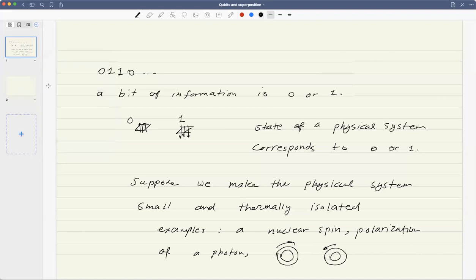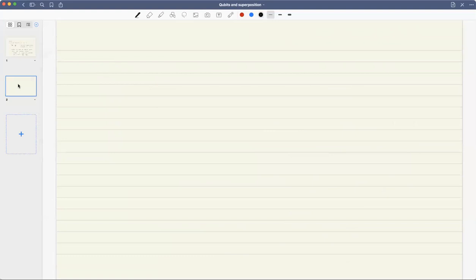So a quantum bit, in general, let me just first state the result. So we're saying a quantum bit, also known as a qubit, in general is going to be a superposition of these two possibilities.